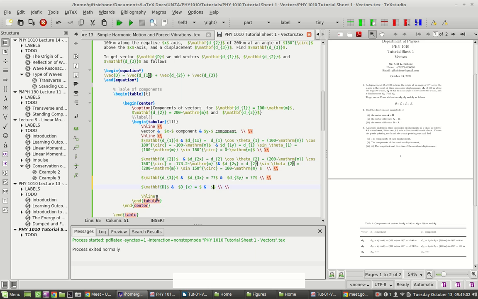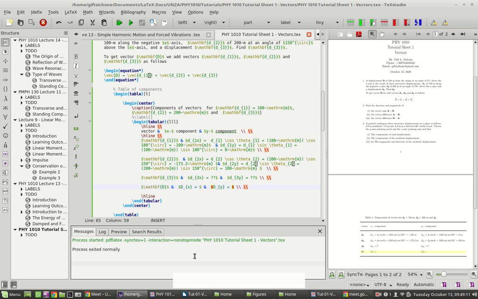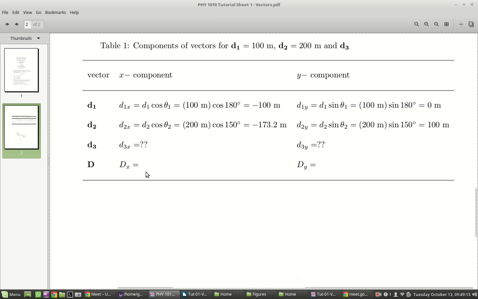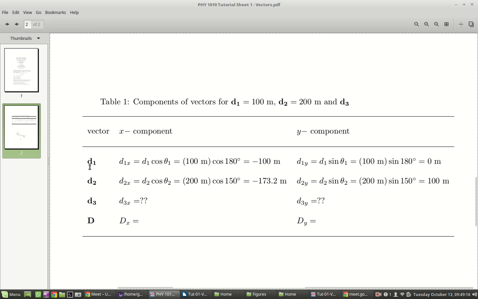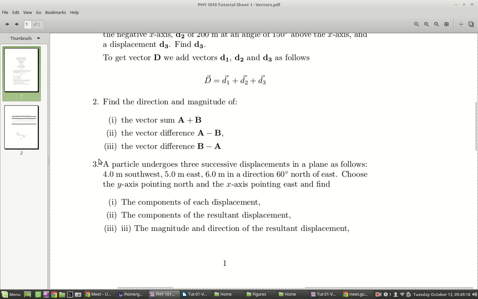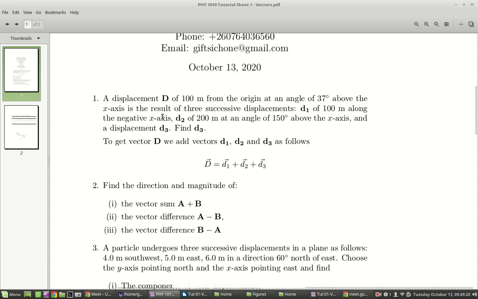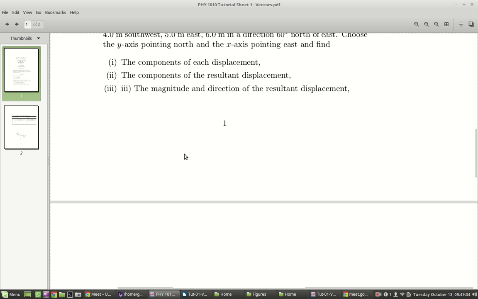Vector capital D is the resultant vector. There, vector D. We are told vector D is how much? 100 meters at an angle of 37 degrees. Vector D has got a size of 100 meters at an angle of 37 degrees.